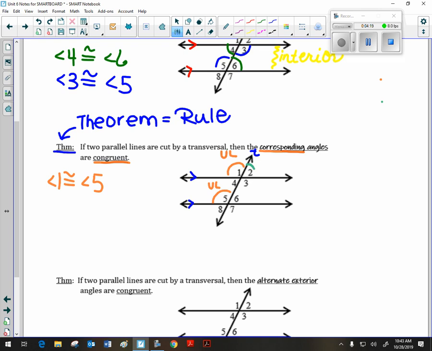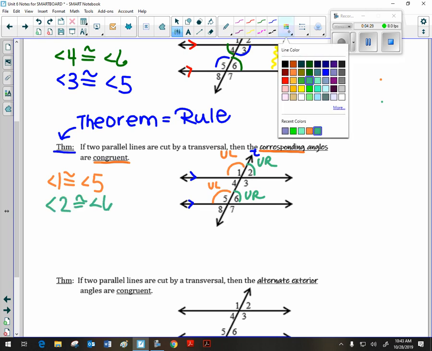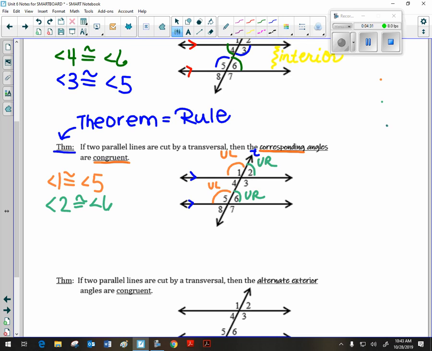And we're going to apply that same idea through the rest of the angles that are here. Angle 2 is in the upper right. Angle 6 is in the upper right. So angles 2 and 6 will be congruent to each other. And I'm just going to work my way through using these same ideas. Angle 3, lower right of the intersection. Angle 7, lower right of the intersection. So they will be congruent to each other.